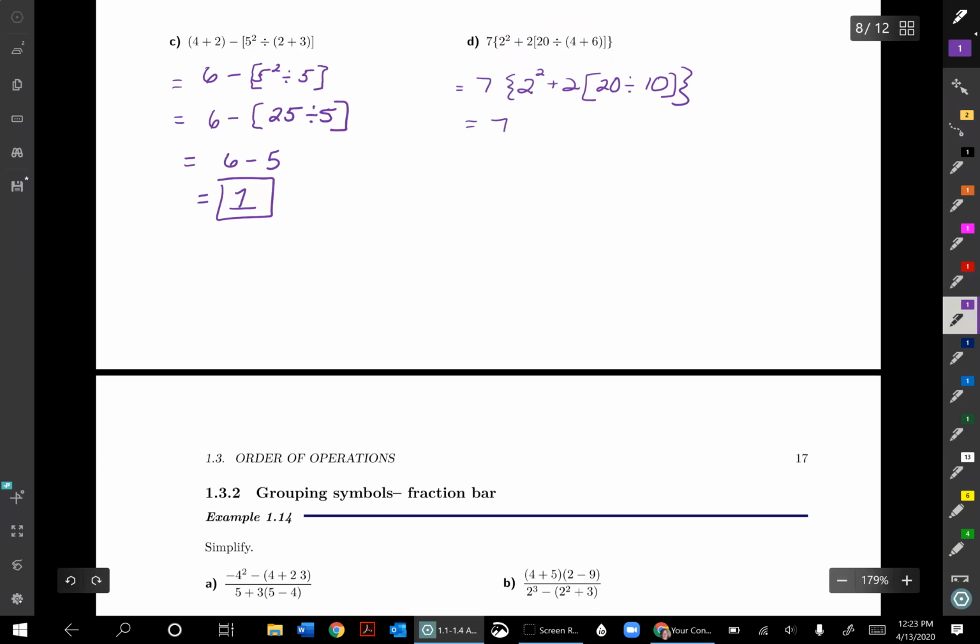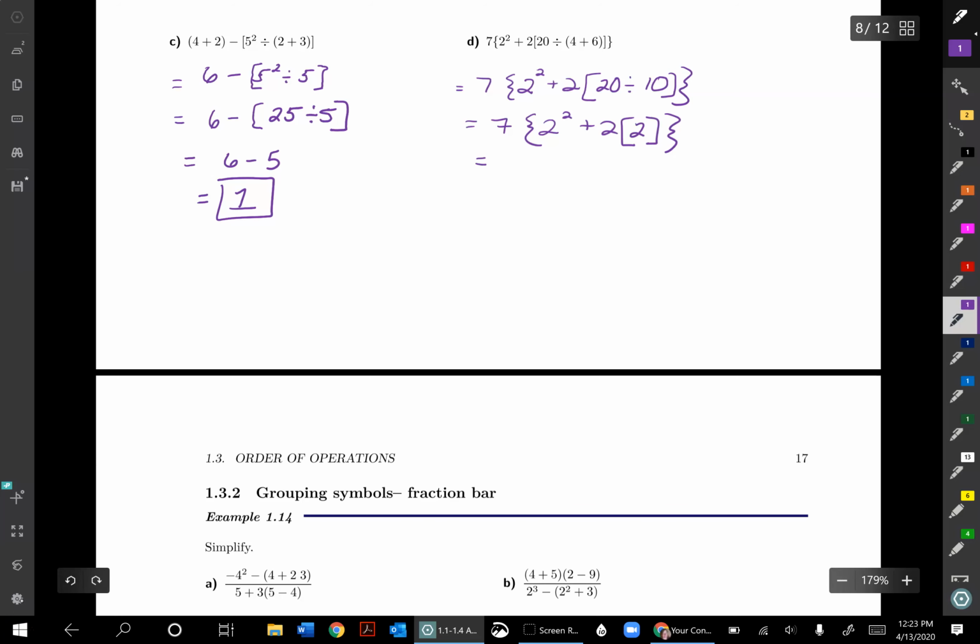So now we have equals 7 times parentheses, or it's actually a brace, 2 squared plus 2 times 20 divided by 10 would be 2. And then put your brace there as well.